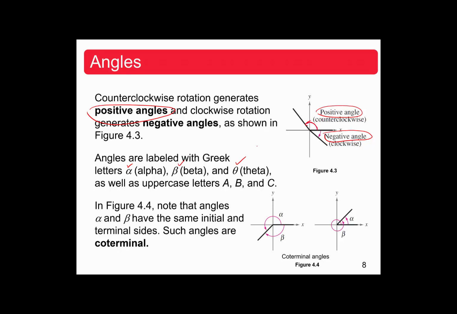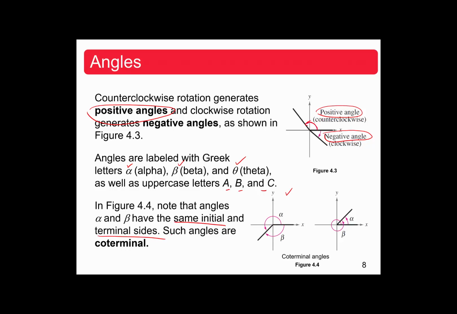Also, we can use uppercase letters A, B, C, D, E, F, whatever letters you want, to represent any angle. If you look at the first graph, angle alpha and angle beta have the same initial side and terminal side.